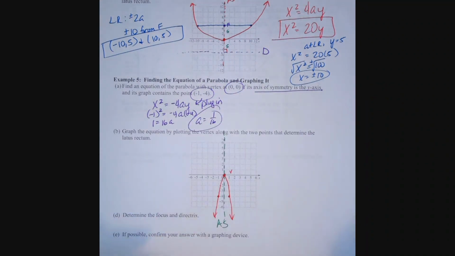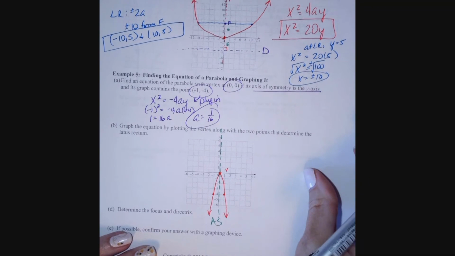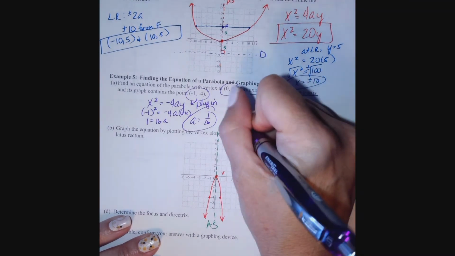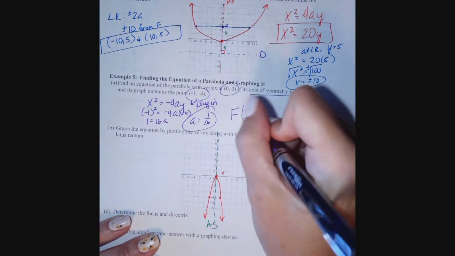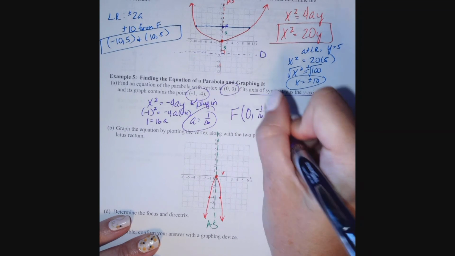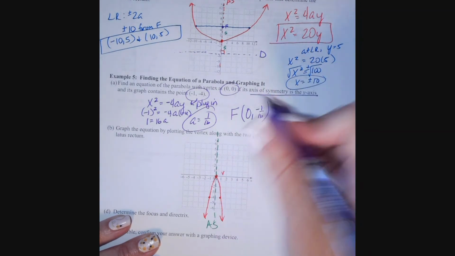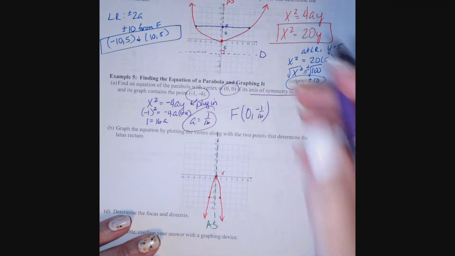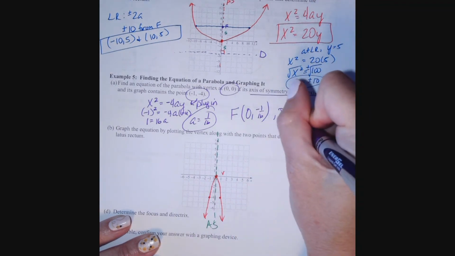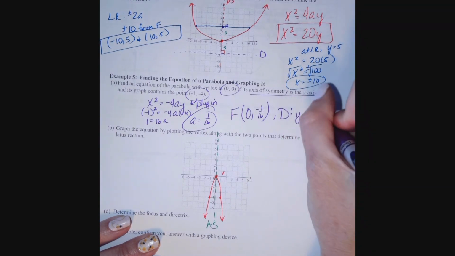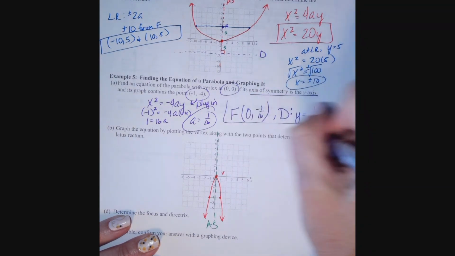Okay, so that helps me out. My focus is inside the parabola a units from the vertex, so my focus is going to be at 0, -1/16. My directrix is the other direction from the vertex, perpendicular to the axis of symmetry, so the equation for the directrix is going to be y equals positive 1/16.